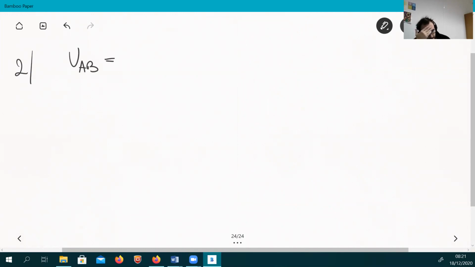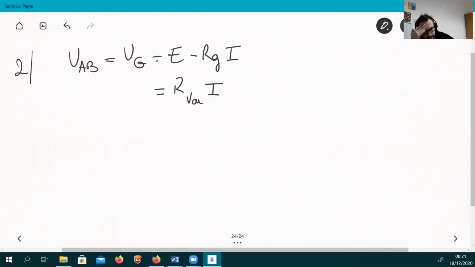U_AB is corresponding to this U_G we just drew, which means E minus r_G I, which is also equal to R, which can vary, times I. So nothing new.